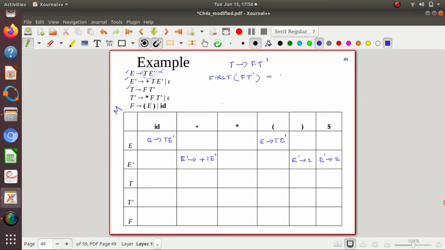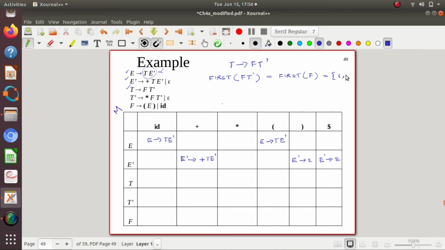That is the same as first of F, that we have already computed. First of F is left parenthesis and id.